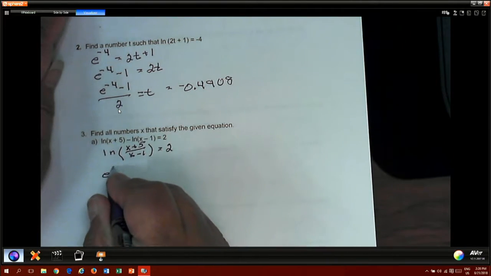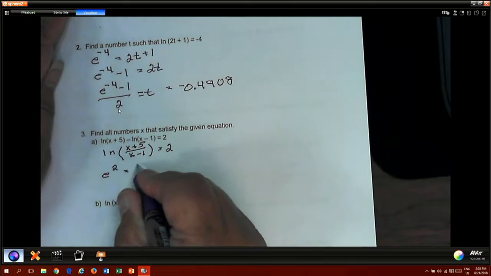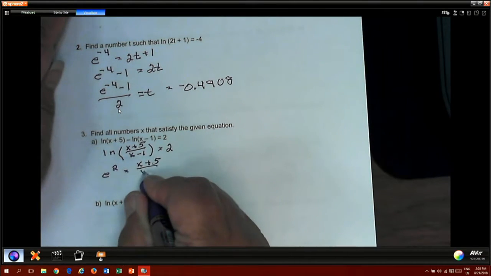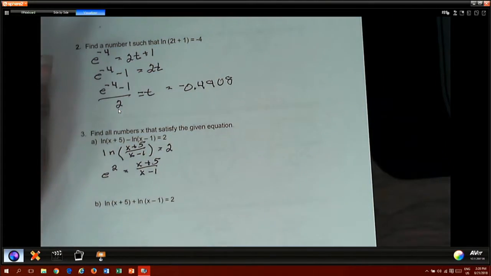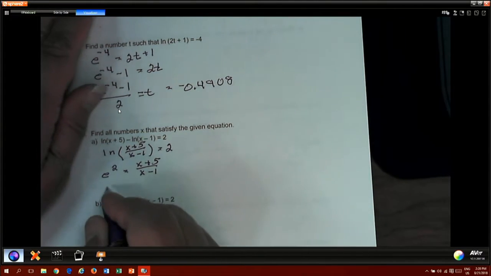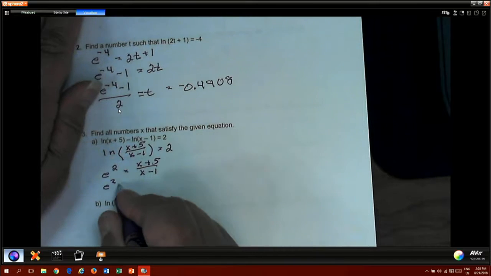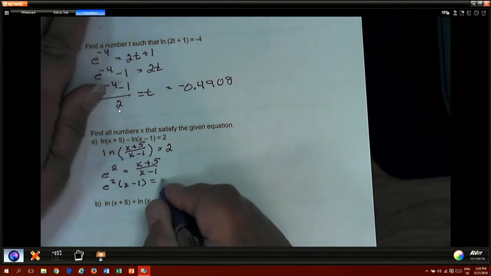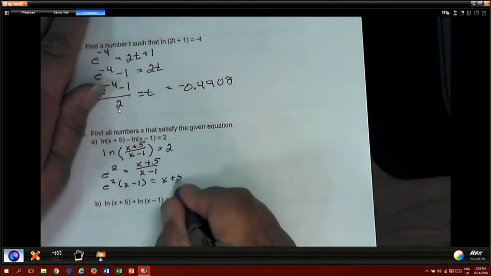So it's e to the 2 equals x plus 5 over x minus 1. Now multiply both sides by x minus 1. So e to the 2 times x minus 1 equals x plus 5.